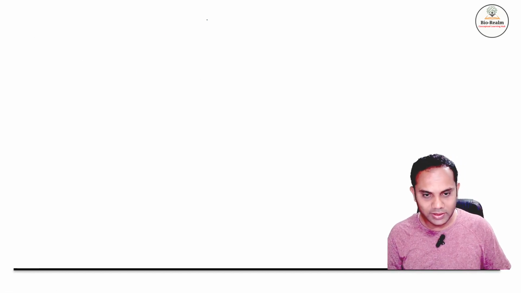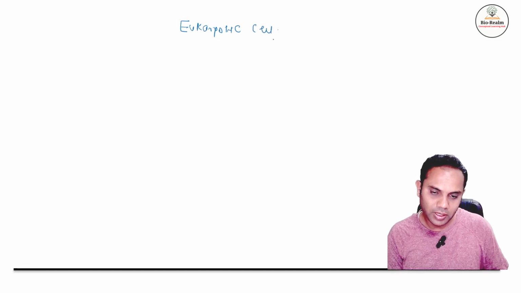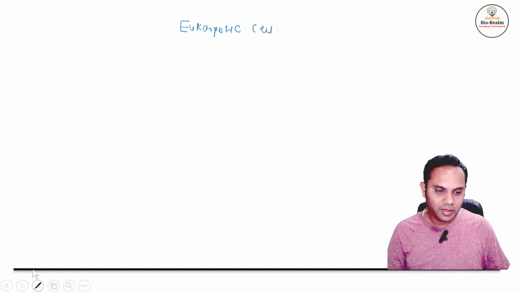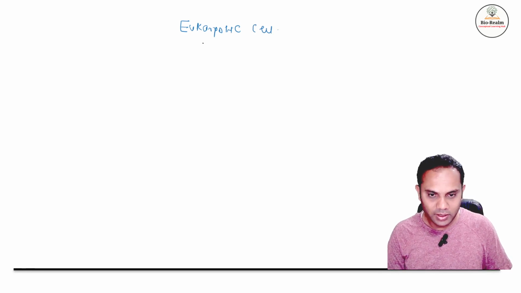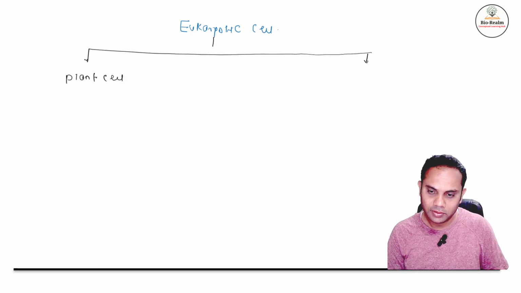So eukaryotic cell can be further divided into two different parts. A eukaryotic cell can be a plant cell or it can be an animal cell.